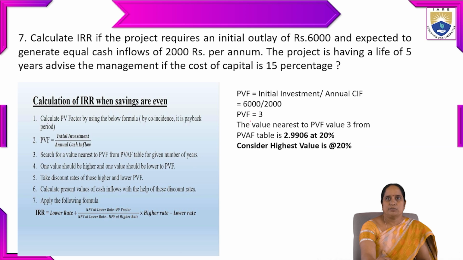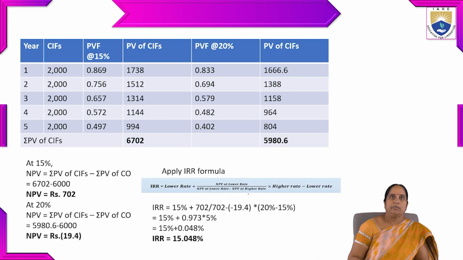So here the present value factor is 3. The value nearest to PV factor value 3 from the present value annuity factor table is 2.9906, which we got at 20%. So consider the higher value at the rate of 20.